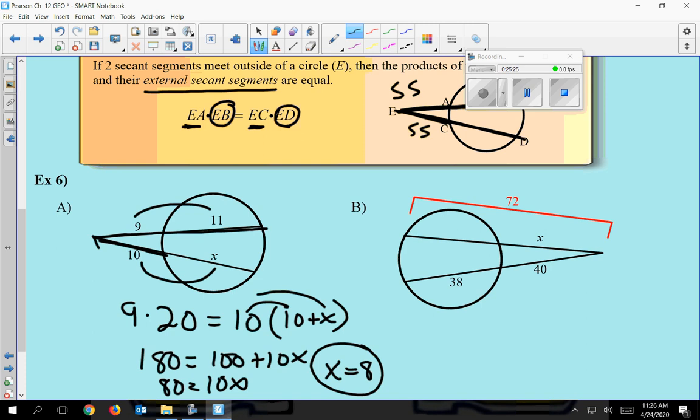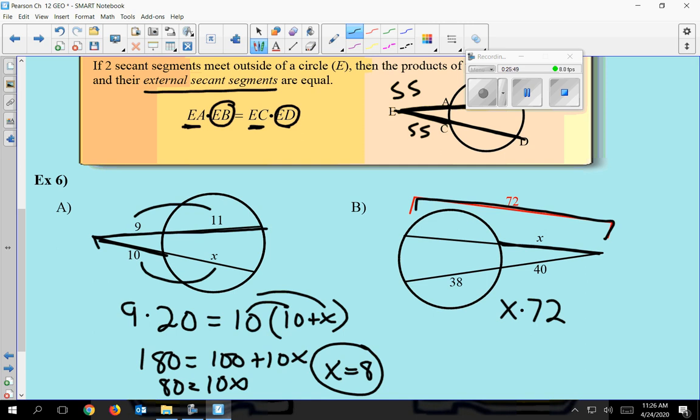Okay. Here we go. Next one. I'm going to set it up for you. This one's a little bit different, but I use the formula. The formula tells me to do this, black and white, do it. The outside segment is x, but they give me the whole thing. It's 72. So remember, the formula says multiply it.